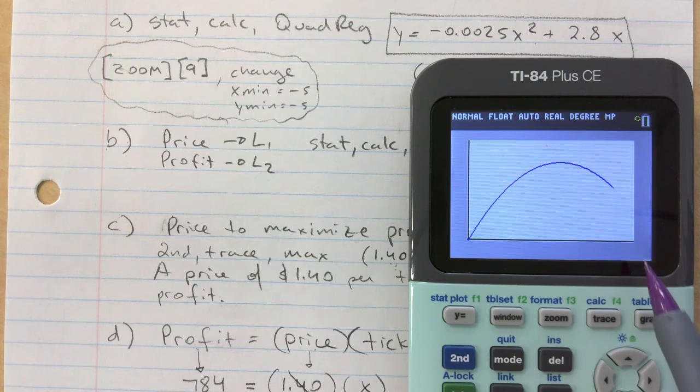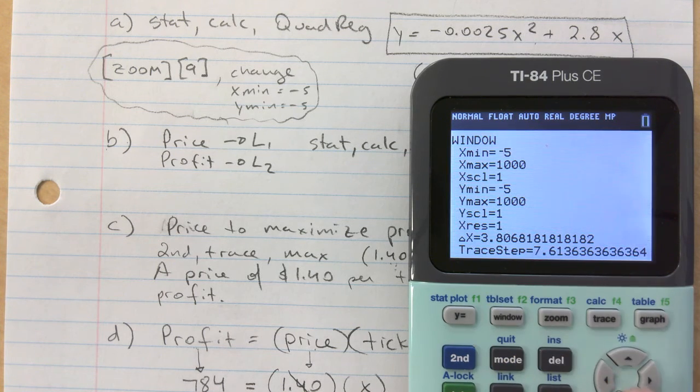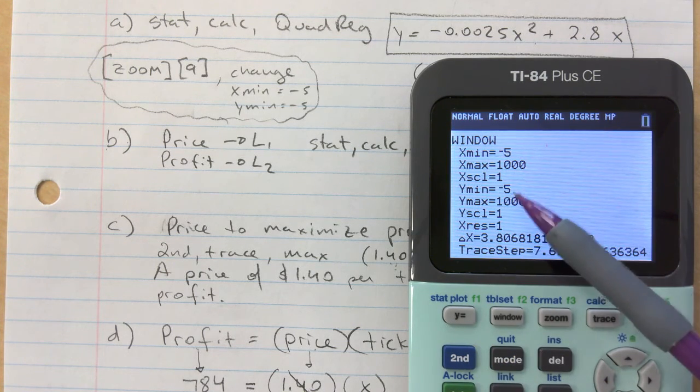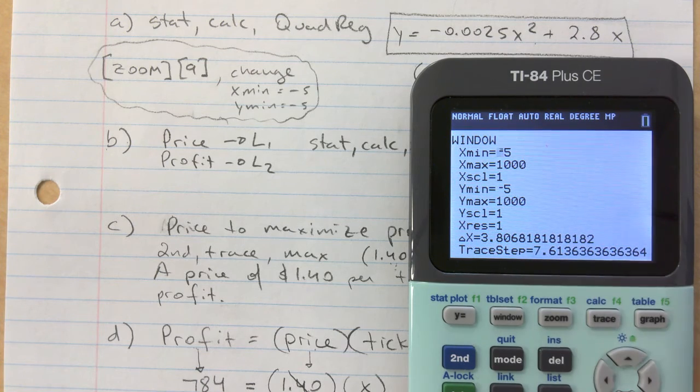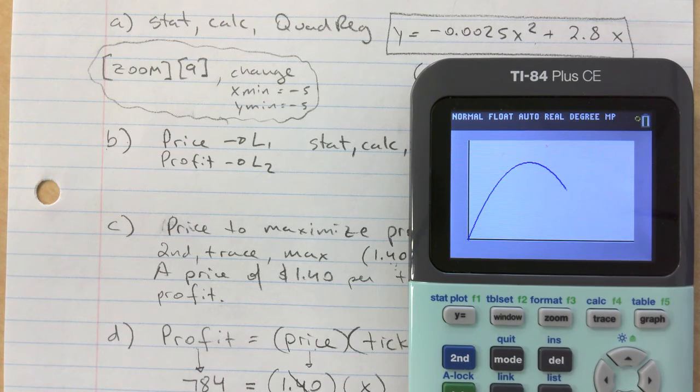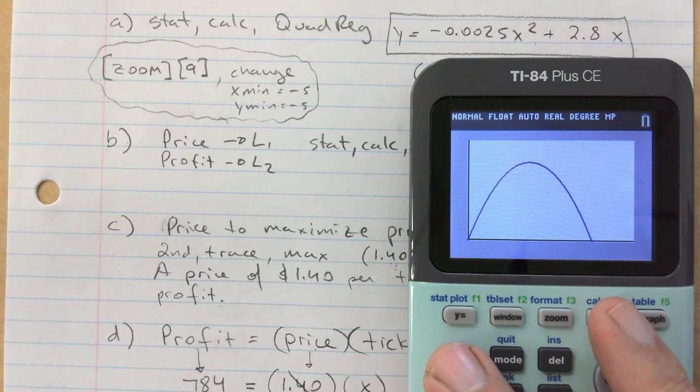There it is. So look at my window here. I kept the -5s. I increased the X max to 1,000, but I'm going to increase it to 1,500. Look at it, and then I'm going to hit graph. Let's go ahead and find a vertex now that you see it.